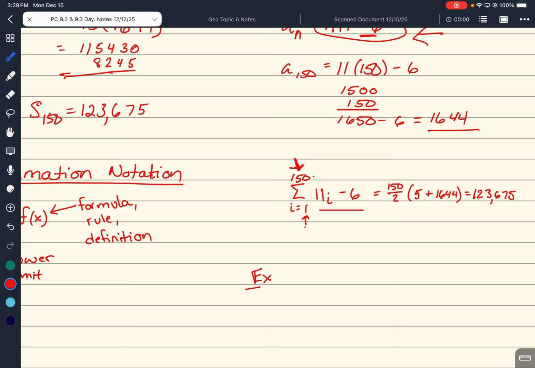So here's an example. The sum, n equals 51 to 100, of 7n.